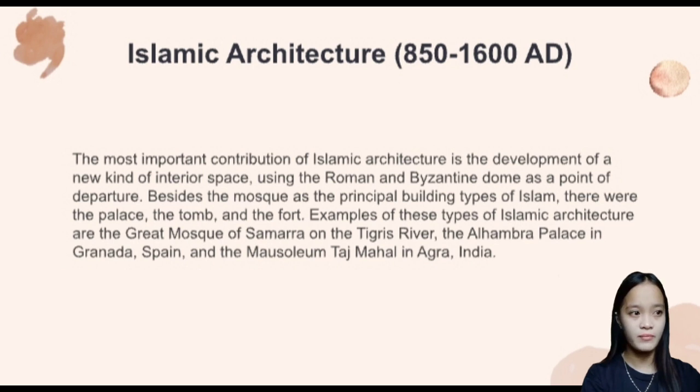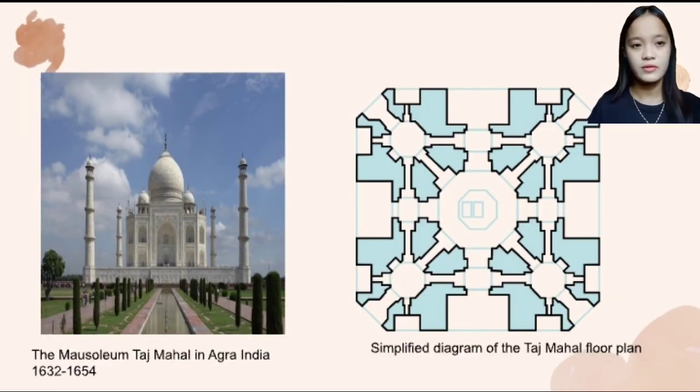Examples of these types of architecture are the Great Mosque of Samarra on the Tigris River, the Alhambra Palace in Granada, Spain, and the Mausoleum Taj Mahal in Agra, India. This picture is one of the examples of Islamic architecture.